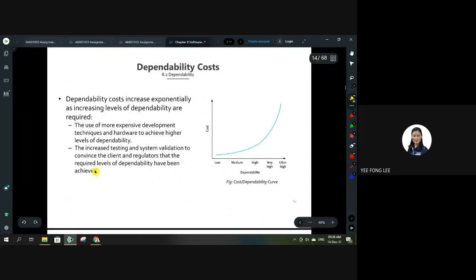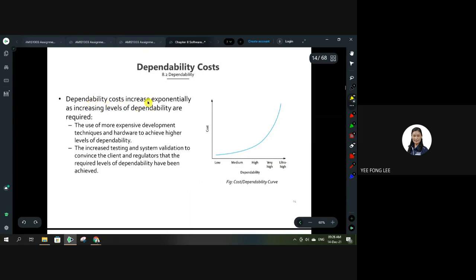Dependability costs. This graph shows the relationship between the costs and incremental improvement in dependability. Low, medium, high, very high, ultra high, and the cost also increases.